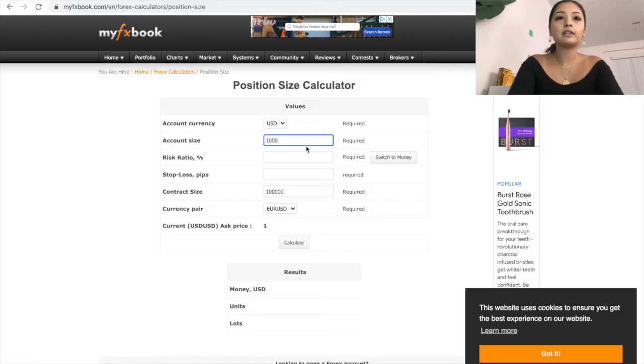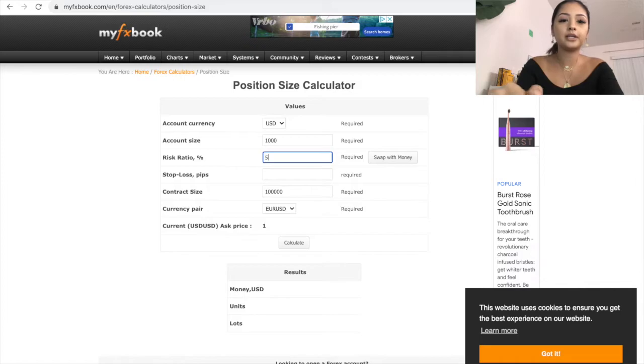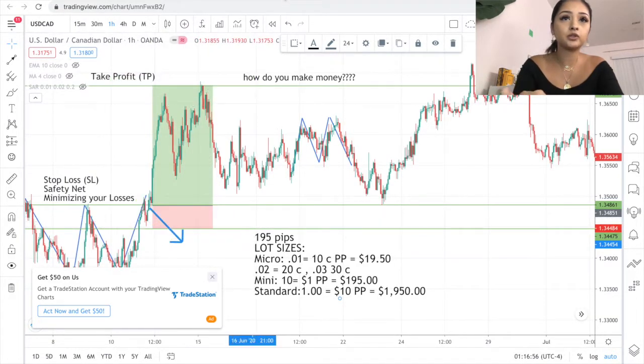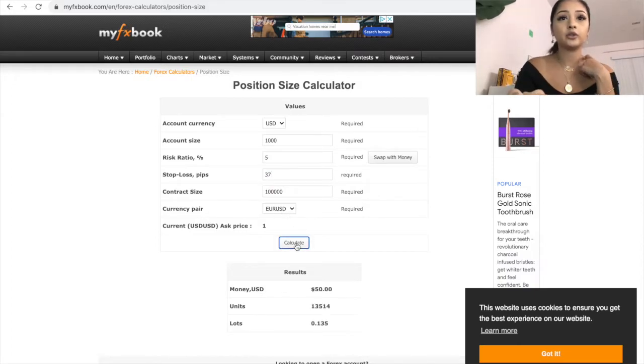So let's say you have a $1,000 account, and you want to risk 5%, and your stop loss, let's look at this trade. My stop loss was 36. I'm going to round it up to 37 pips. Let's say my stop loss was 37 pips. And you just always keep the currency pair to EUR/USD.